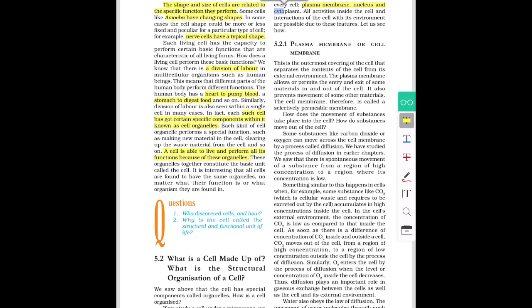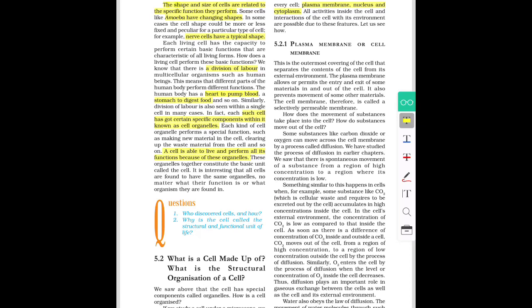All the activities inside the cell and interaction of the cell with the environment are possible due to these features. So, we can say that a cell is basically made up of plasma membrane, nucleus and cytoplasm. Furthermore, in the cytoplasm there are various organelles.